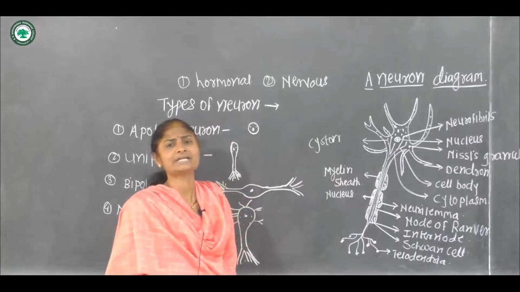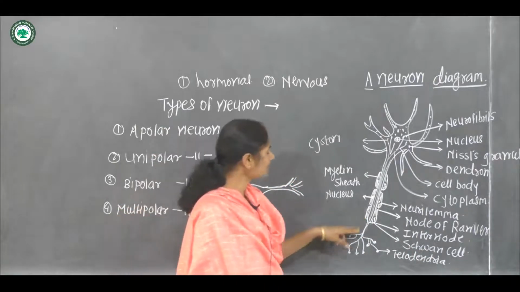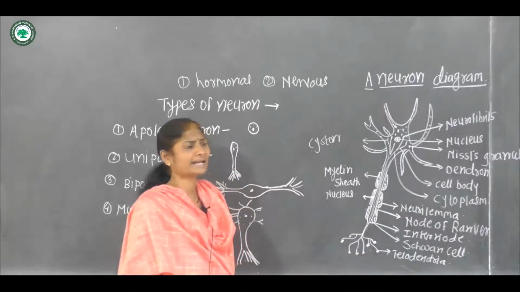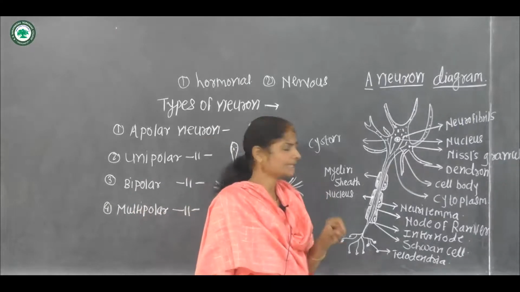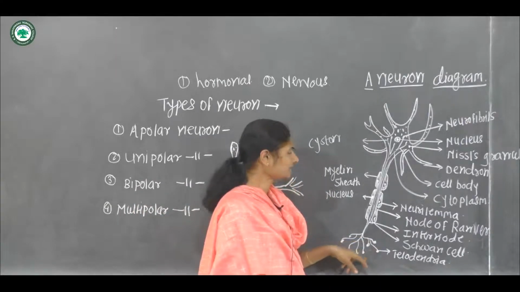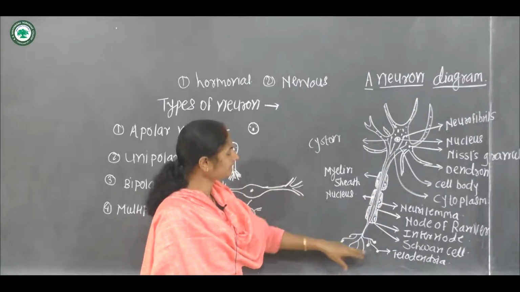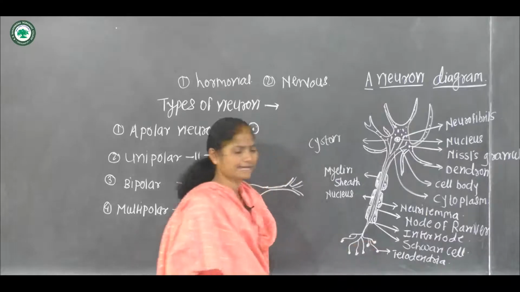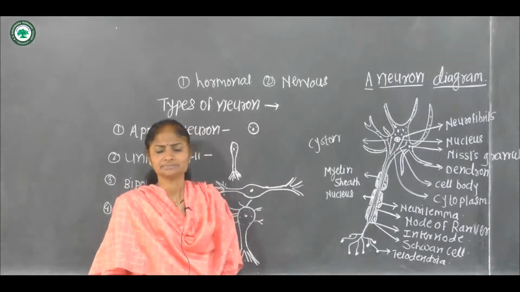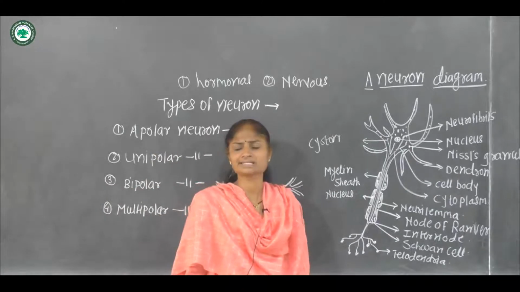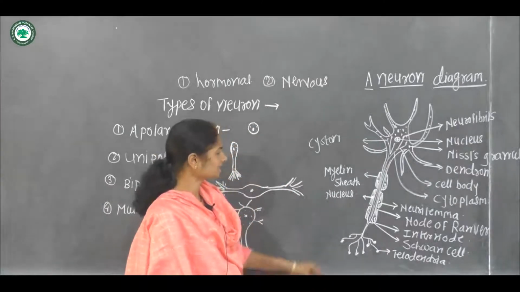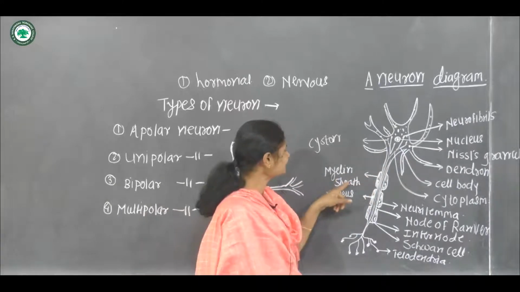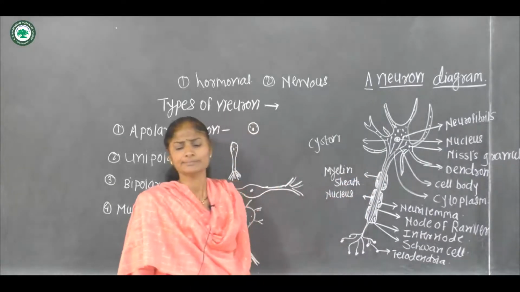The axon ends in branches called telodendria, and these terminate in minute knob-like structures. The axons are mainly covered by a sheath called the myelin sheath, or medullary sheath. Here we observe the axon covered with the myelin sheath.